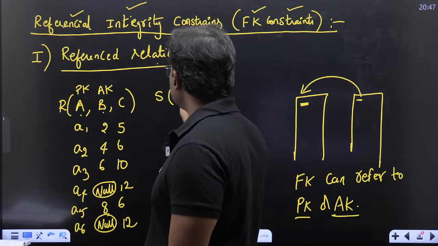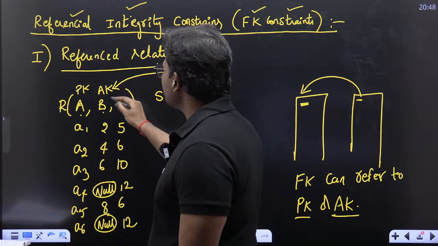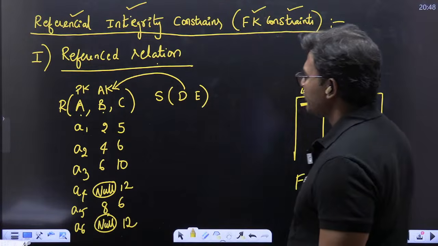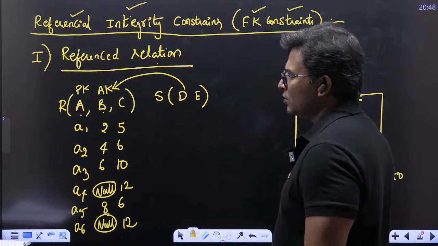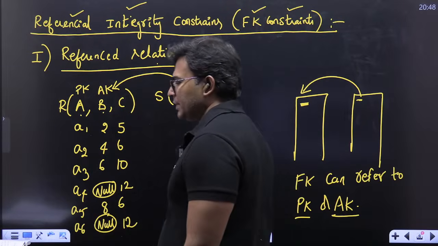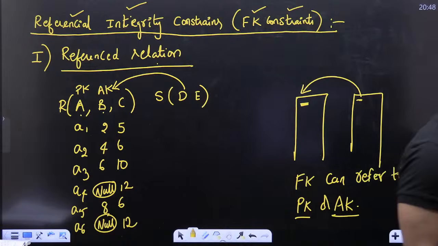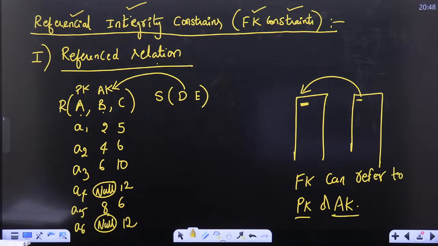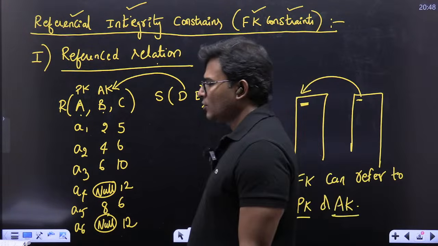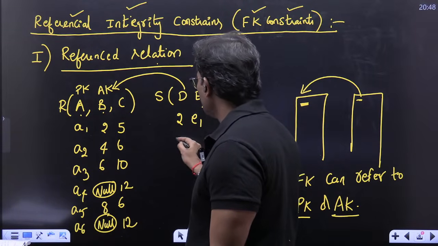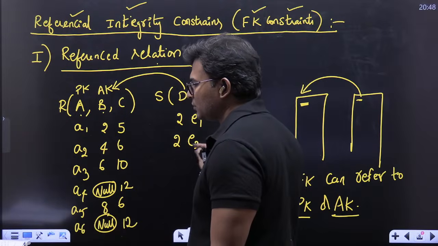Let us say DE is there and D is referencing to B. Now, what are allowed? 2 E1, 2 E2, null.